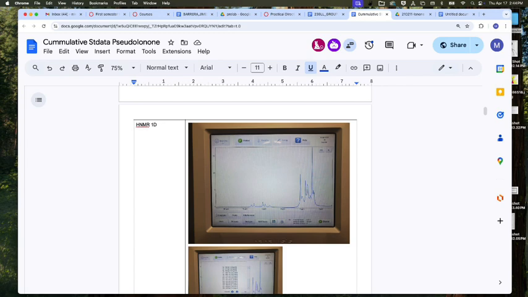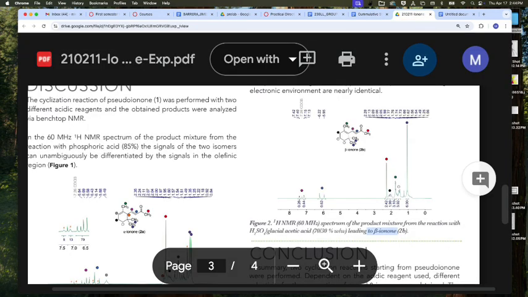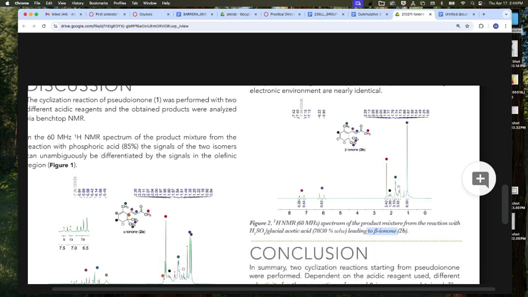What I expect you to be able to do is look at this NMR, go to this document, and ask, does it look like this one? Yes? Then which product do you have? You have the beta ionone. So what we're doing is a matching game. That's all we're doing as far as the NMR, a little bit more than that, and we'll look at that in just a second. But that's our primary focus. Does that make sense?